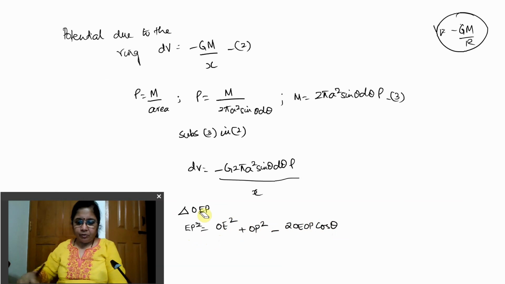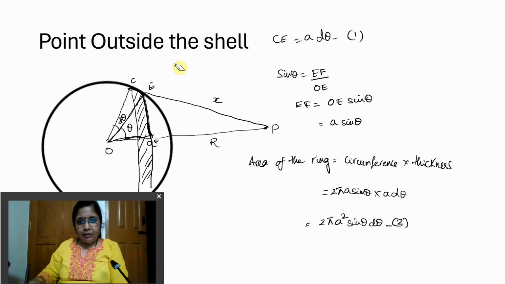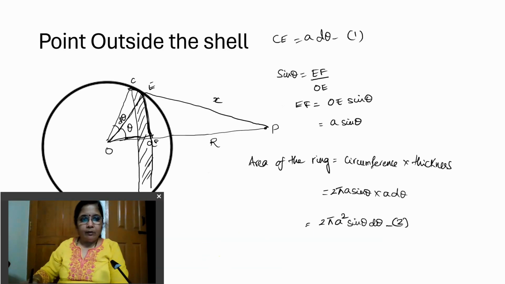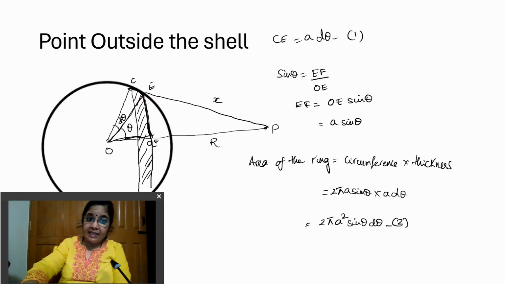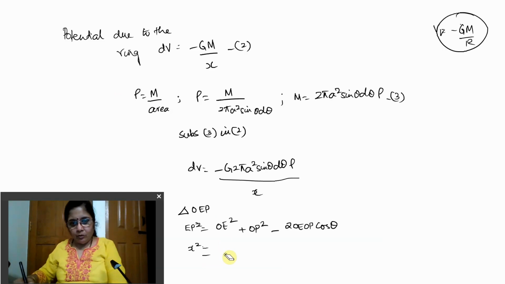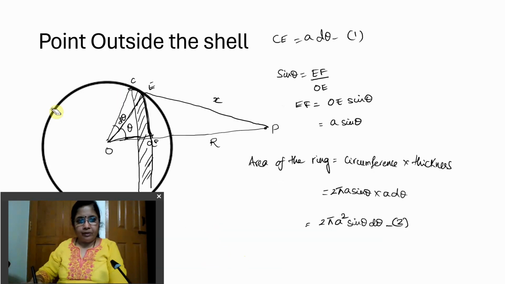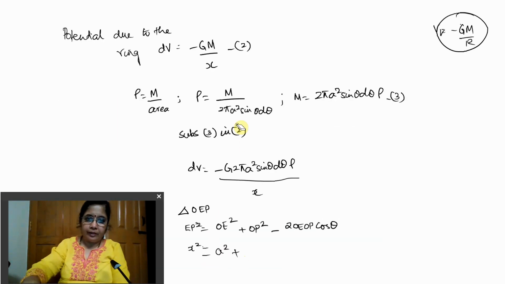So what is my EP square? EP square is x square. So x square is equal to OE square plus OP square. OE square is a square, right? And OP square is R square.